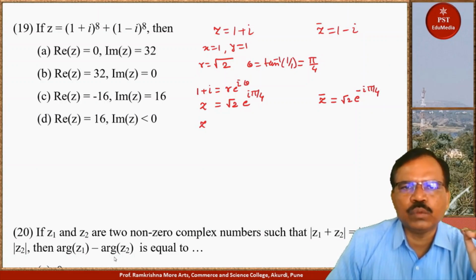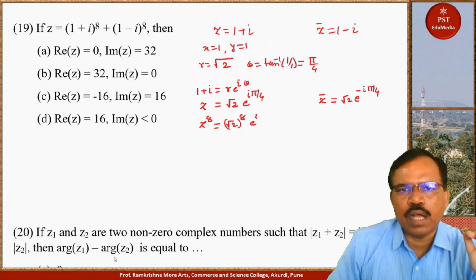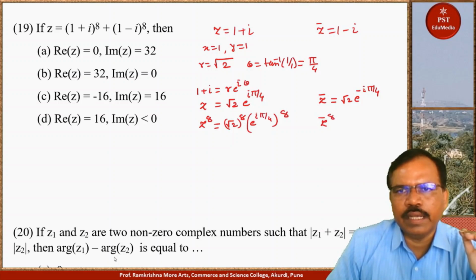So z raised to 8 is root 2 raised to 8 e raised to i pi by 4 raised to 8. And z bar raised to 8 is equal to root 2 raised to 8 e raised to minus i pi by 4 raised to 8.